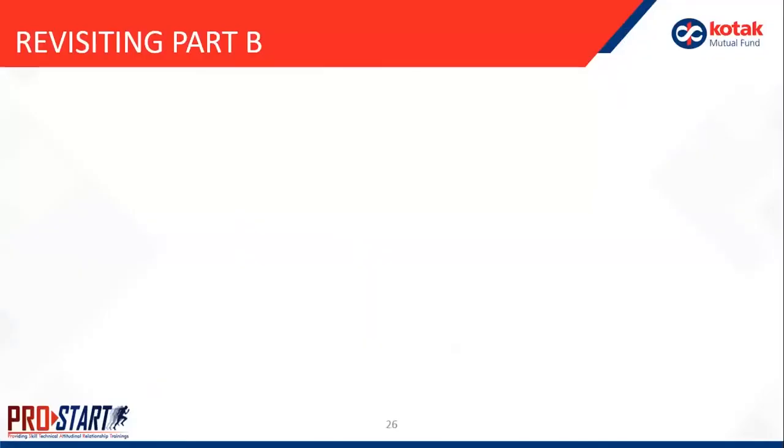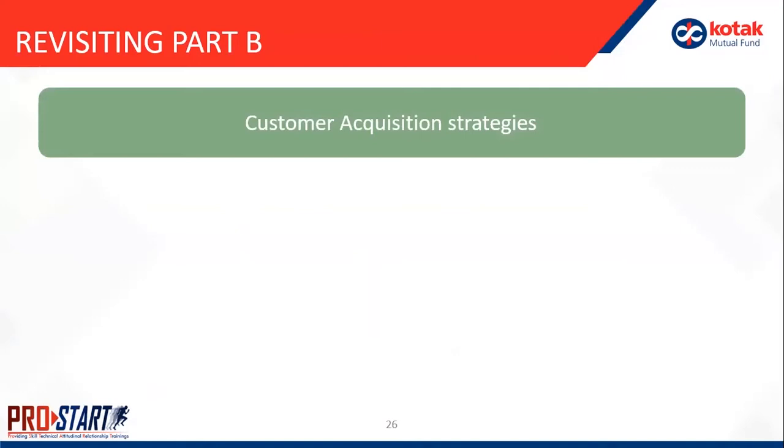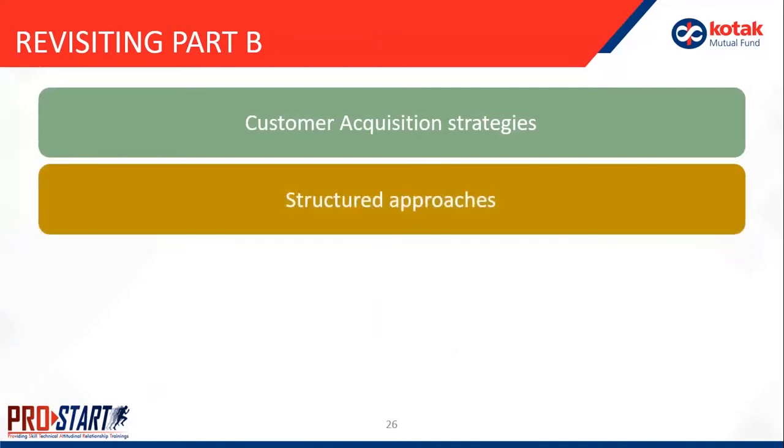But as we do every time, before we see the new part, let us quickly revisit part B of our module. So in part B, we have seen the customer acquisition strategies, the approaches that can be adopted, the structured approach wherein you define the top category list and also the approach that you want to take.